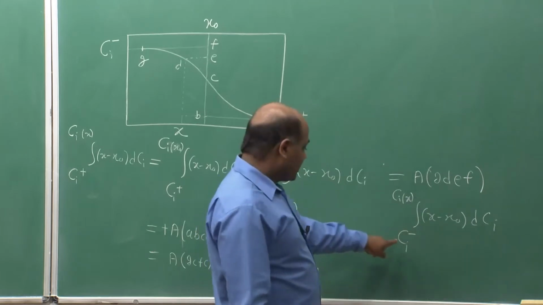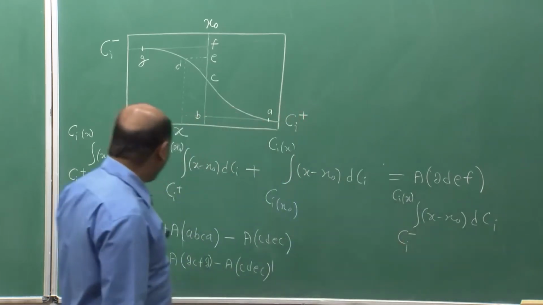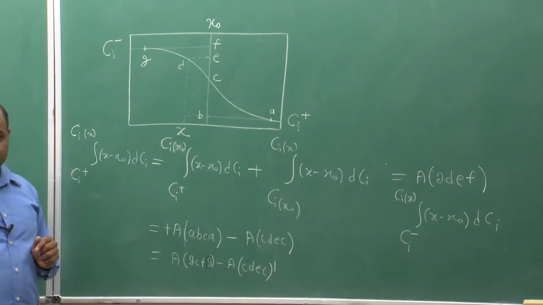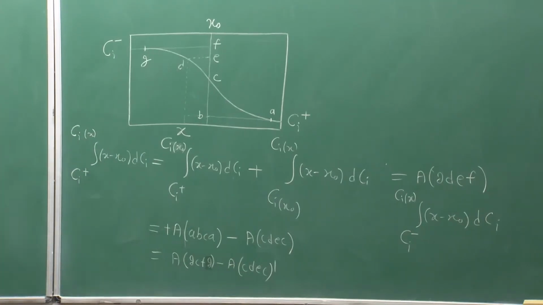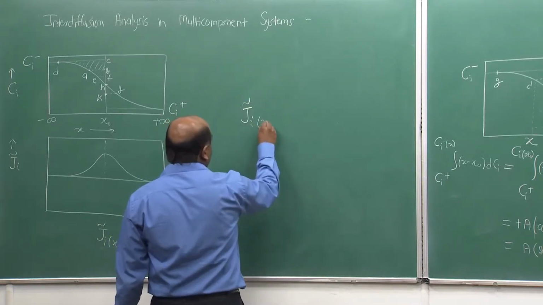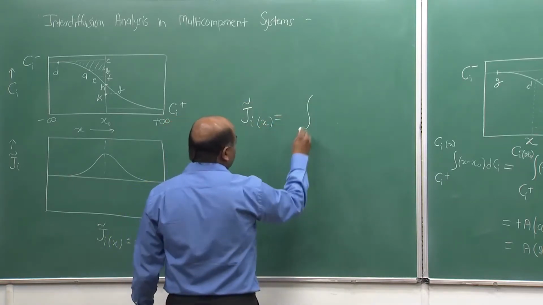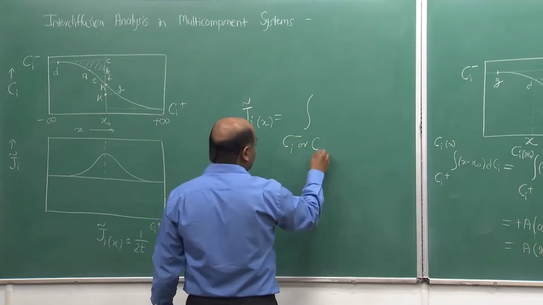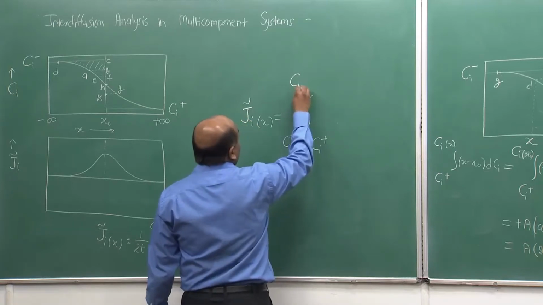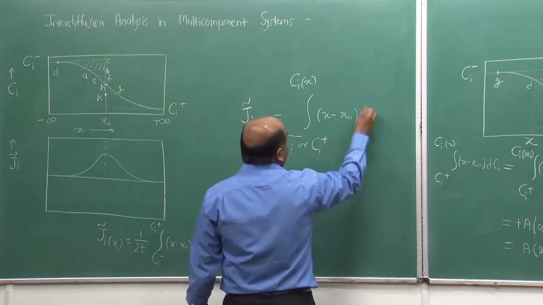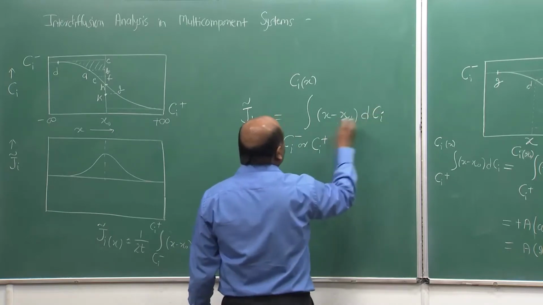So whether you integrate from the left terminal or from the right terminal, it should not matter. So we can modify the formula a little bit for J_i tilde at x as the integral from either C_i minus or C_i plus to C_i at x of (x minus x naught) dC_i.